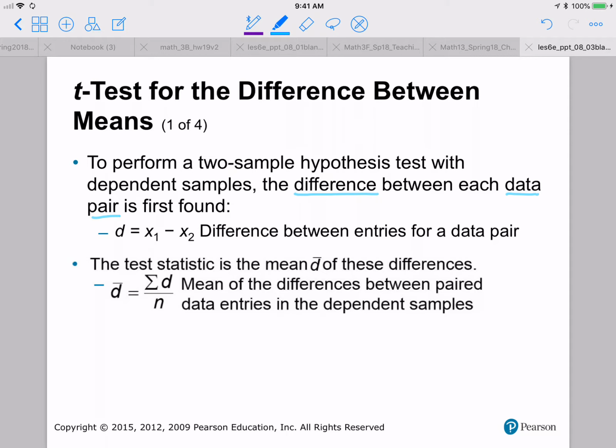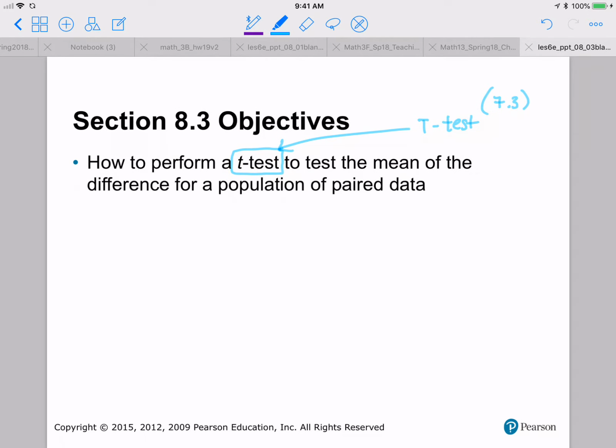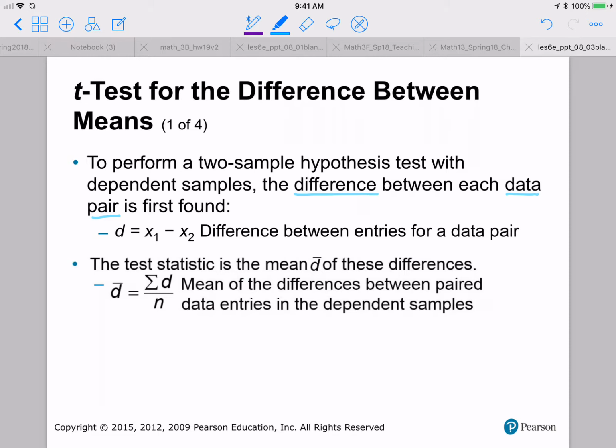Remember, we're in a situation where we've got paired data, so our samples are dependent. We're looking at D, which is the difference between entries for a data pair. Now our test statistic is going to be D bar, and D bar is the average difference.